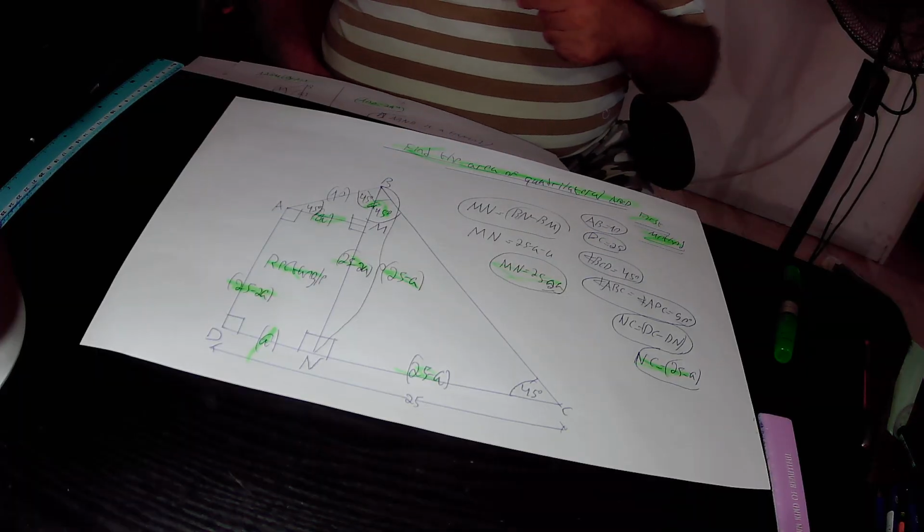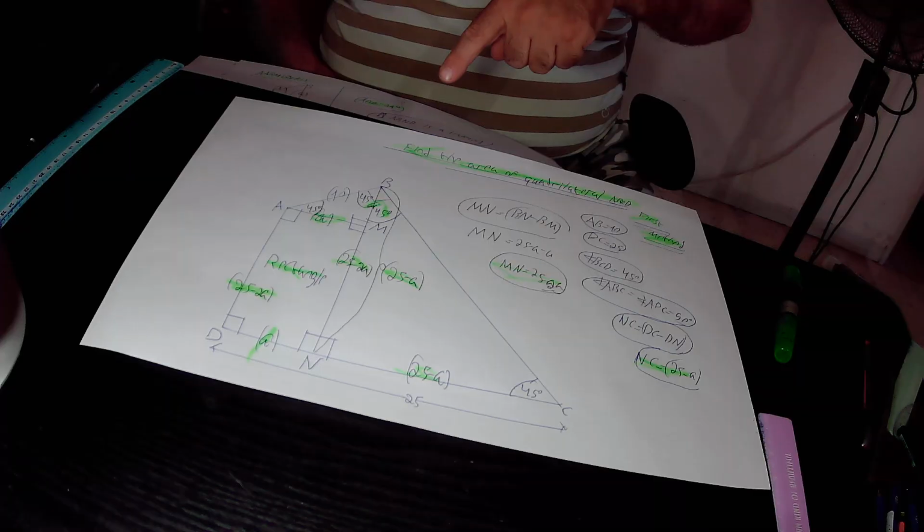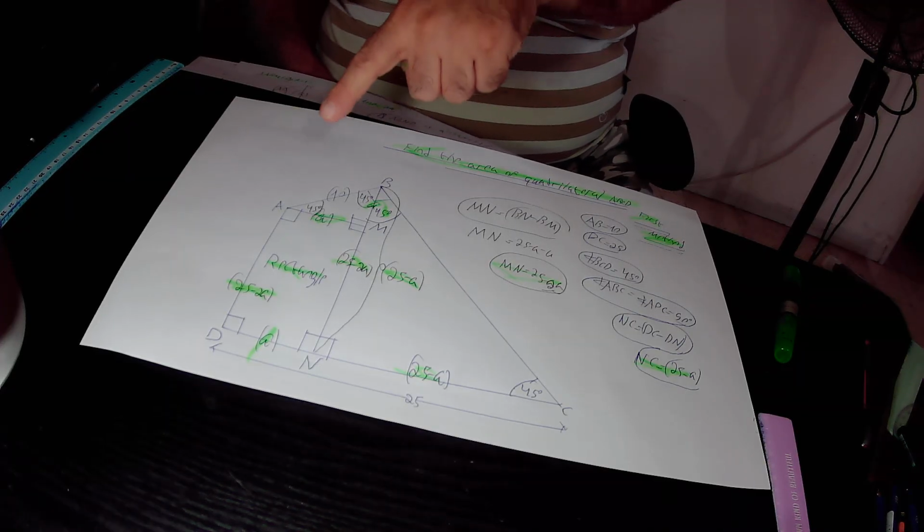The area of trapezoid ABND must be equal to the sum of its two parallel sides, that is BN plus AD, times the height AM, over 2.